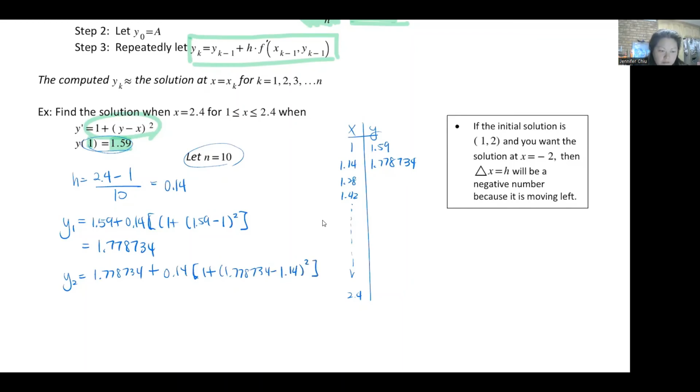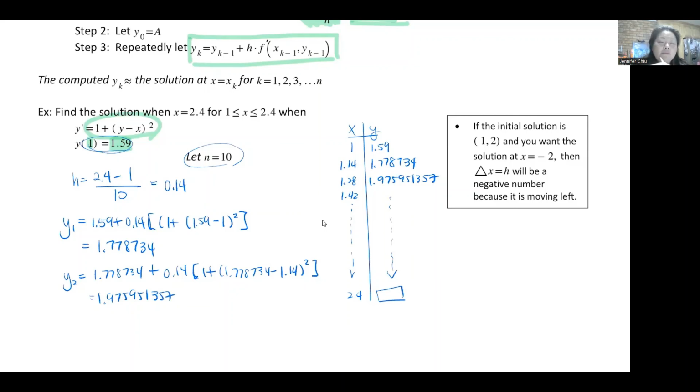That's 1 plus 0.778734 minus 1.14 squared, close your parentheses. My next y is 1.975951357. And again, you just keep following this formula until you get the y value at 2.4, and that's what you're solving for. Yes, it's a lot of steps, but it's really cool because you're able to get these answers without actually having the equation.